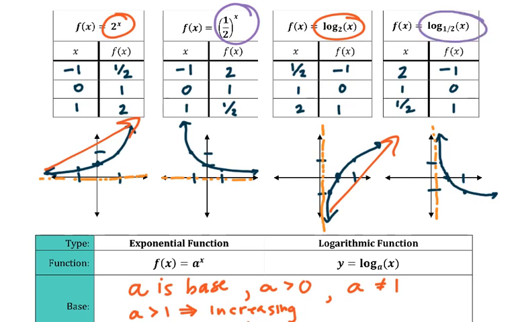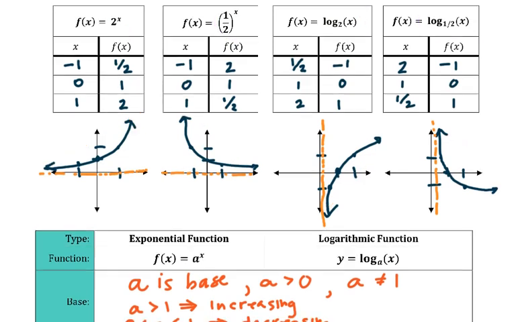It is between 0 and 1. And don't be confused with the fact that 5/4 is a fraction. 5/4, though, is not between 0 and 1. 5/4 is 1.25. It is greater than 1. So these are both fractional between 0 and 1, which means they're both falling from left to right across the page.